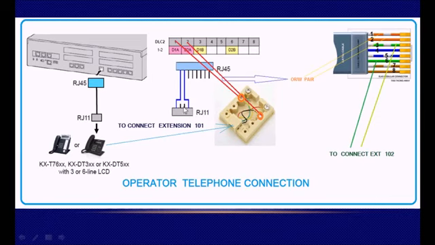Pins 2 and 3 are always for single line telephones. Whenever you want to connect a digital phone, please use the outer first and last pins, 1 and 4, and the green pair will be used for extension 102.